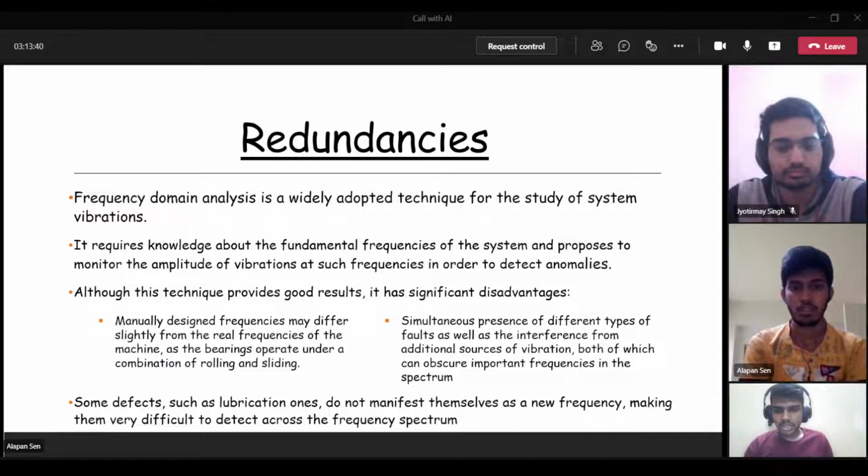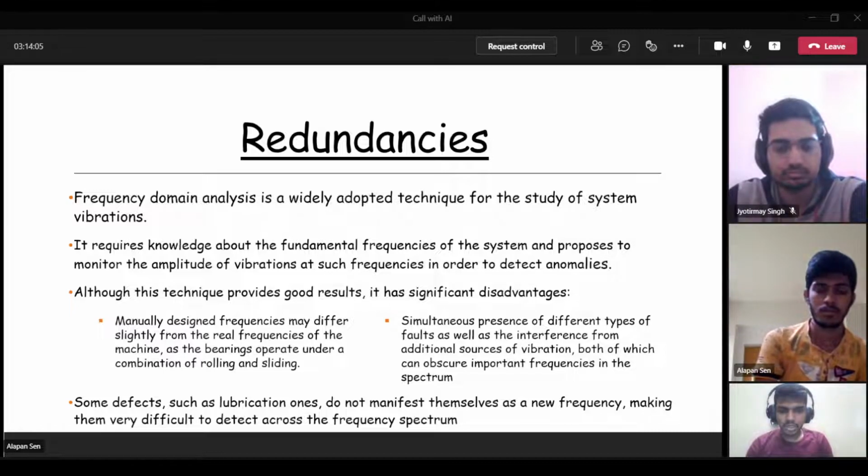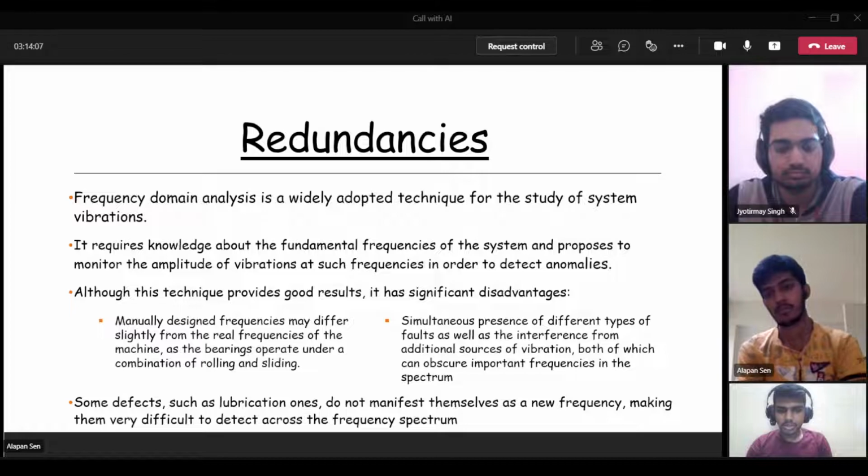Although this technique provides good results, it has significant disadvantages. Manually designed frequencies may differ slightly from the real frequencies of these machines, as the bearings operate under a combination of rolling as well as sliding, and simultaneous presence of different types of faults, as well as the interference from additional sources of vibration, both of which can obscure important frequencies in the spectrum.